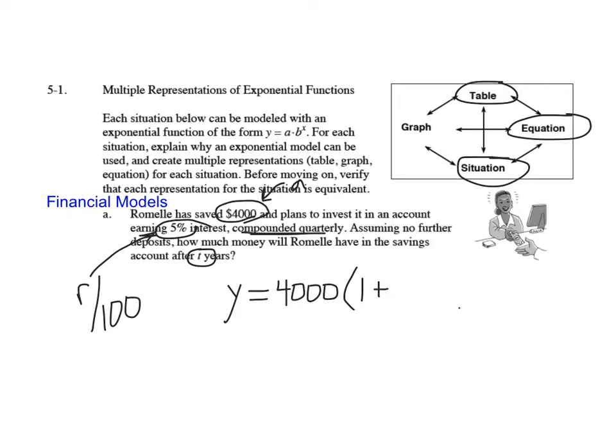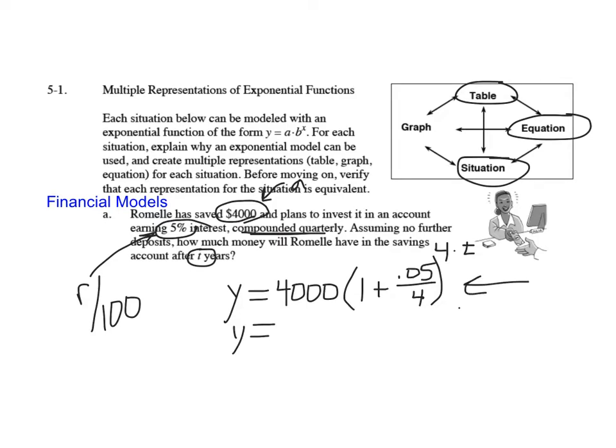So we have to divide that by 100, and we get 0.05 over the number of times it's compounded per year, raised to the n, number of times compounded per year, times t. There's one way to write the equation.